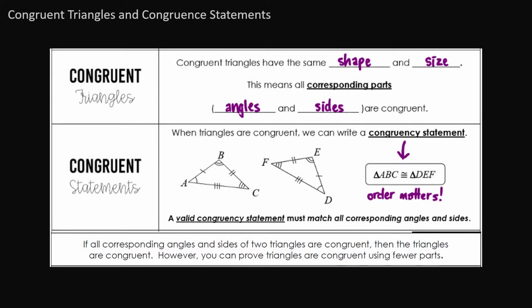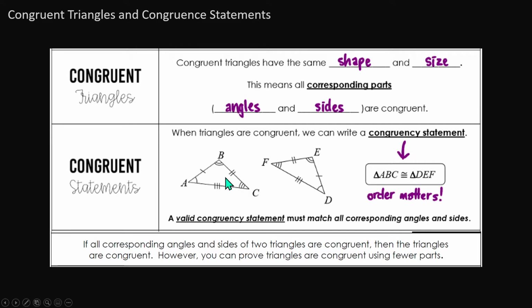So first, let's touch base on what congruent triangles are and how we make congruence statements. So congruent triangles have the same shape and size. This means that all corresponding parts, meaning the angles and the sides, all three pairs of angles, all three pairs of sides, are congruent. When triangles are congruent, we can write a congruency statement.